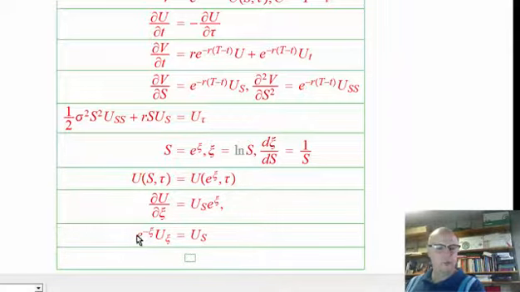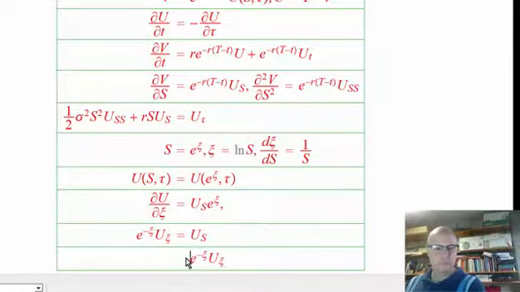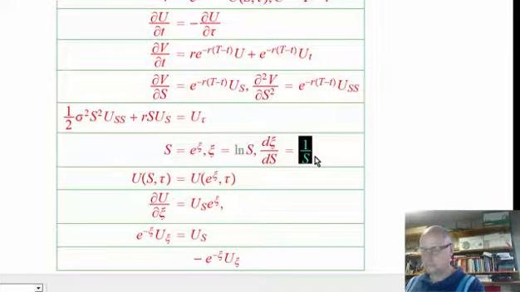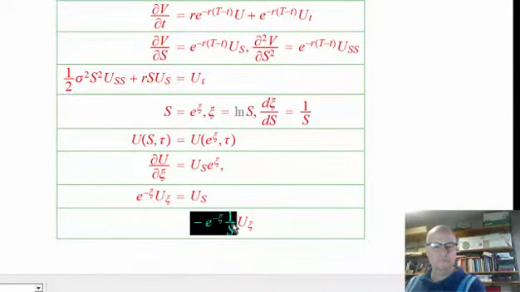So I have to do product rule here. Derivative of this with respect to squiggle minus e to the squiggle times the derivative of squiggle with respect to s. So that's the derivative of the first piece. Leave the second alone.